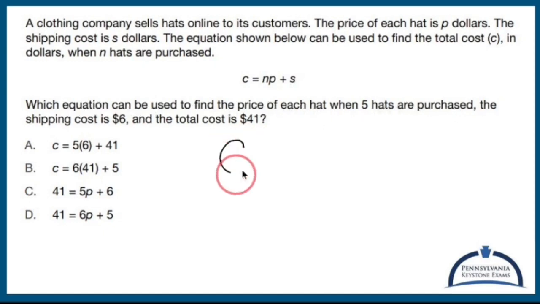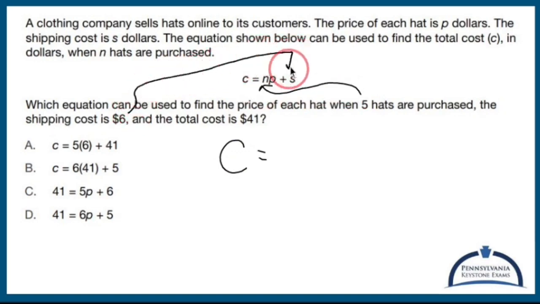All right, so we have the cost is equal. 5 hats is going to take the place of N hats purchased. The shipping cost is 6. All right, so S is 6. And C is 41, so I don't even need that C anymore, so let's get rid of it.